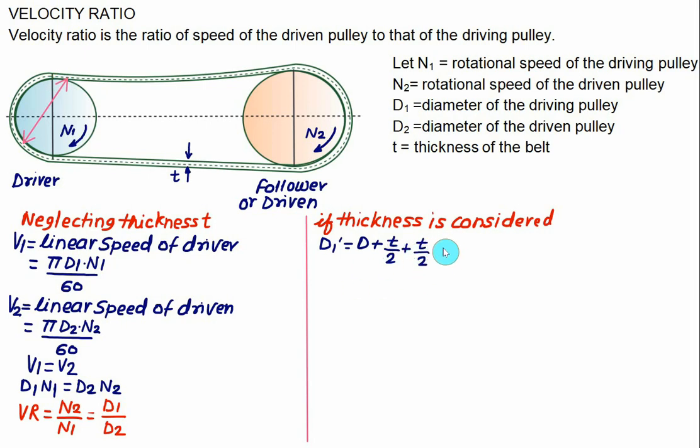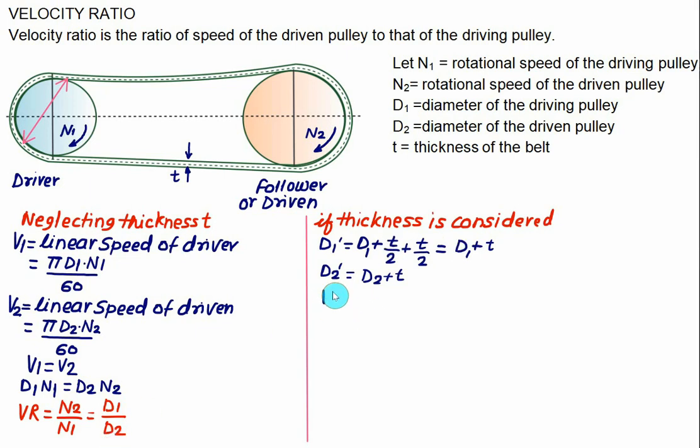In this case, we have D1 prime equal to D1 plus T by 2 plus T by 2, which is D1 plus T. Similarly, we can calculate D2 prime will be D2 plus T. So only the value of D1 will be replaced as D1 plus T and D2 is replaced by D2 plus T when the thickness is considered.